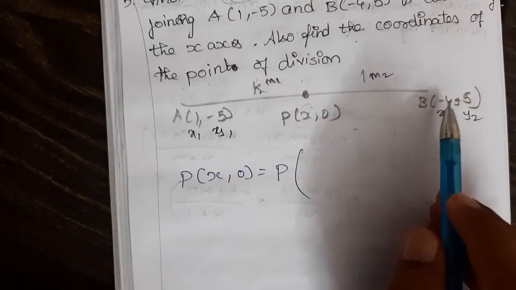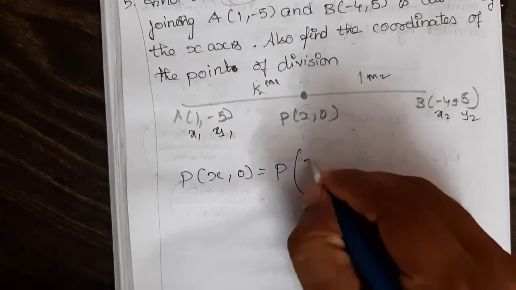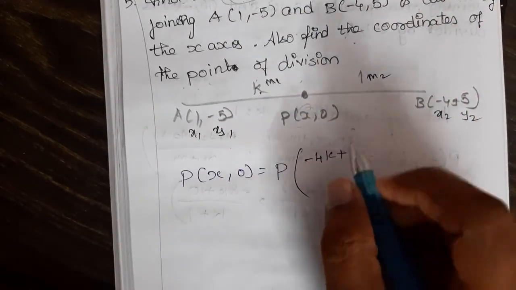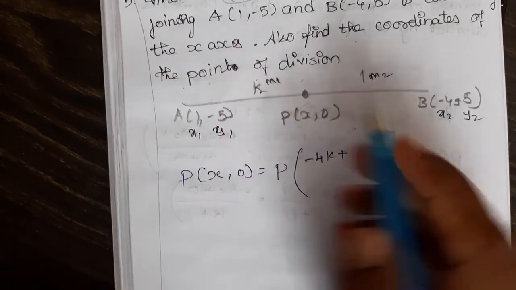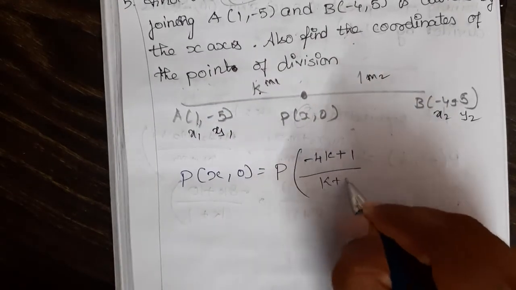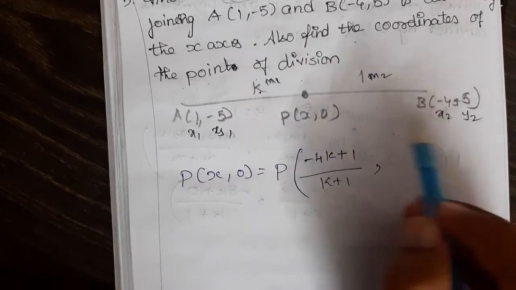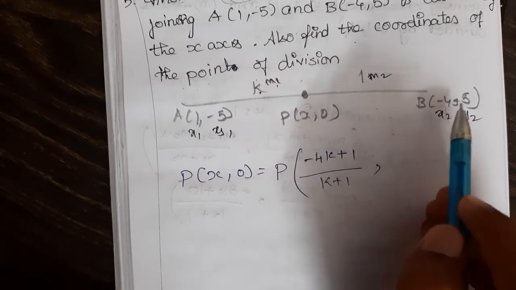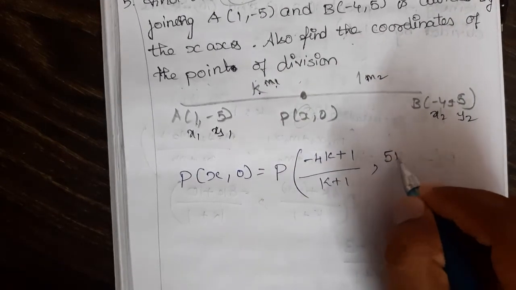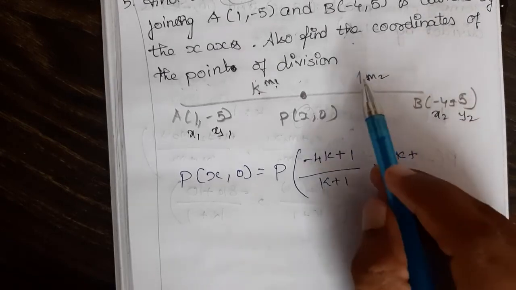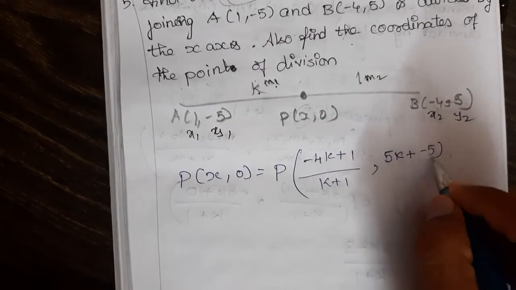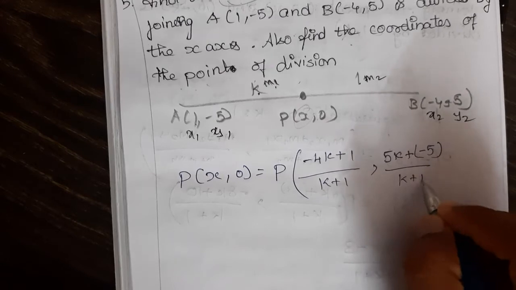So m1 into x2 is minus 4k plus 1 into 1 is 1 divided by k plus 1 comma here, and m1 into y2 is 5k plus 1 into minus 5 is minus 5 divided by k plus 1.